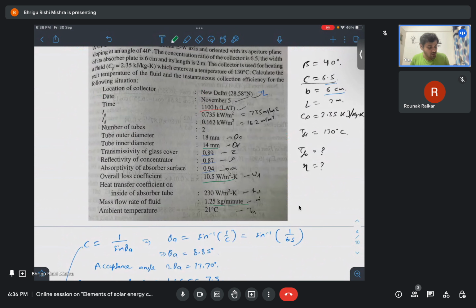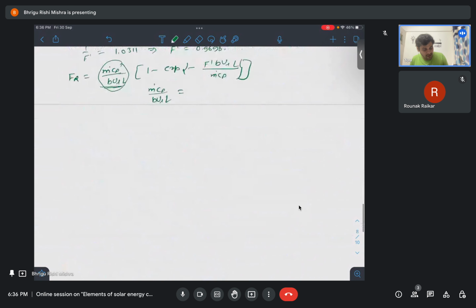Okay, so we need to change the unit, so we will divide it by 60, 1.25 by 60 into Cp, which is given as 2.35 kilojoule, so that means 2350 joule, divided by B 0.06, UL is given 10.5, L is 2, so if you solve this you will get 38.856.